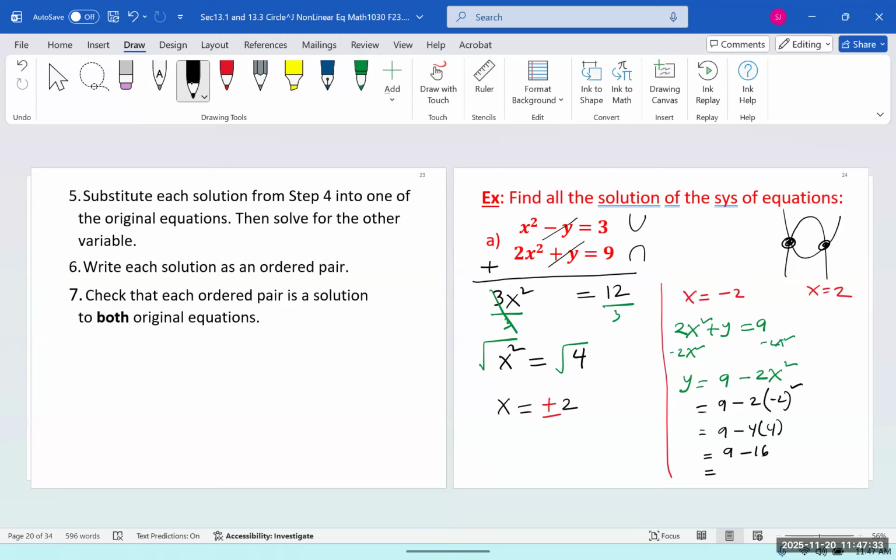What is 9 minus 16? -7. Sorry, 2 squared, our x is -2, which is 4. Oh, 4 times 2, sorry. It's 4 times 2, it is 8.